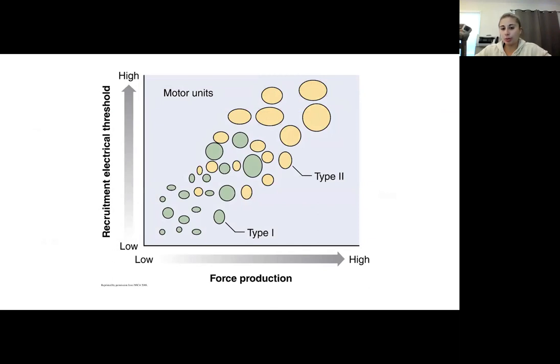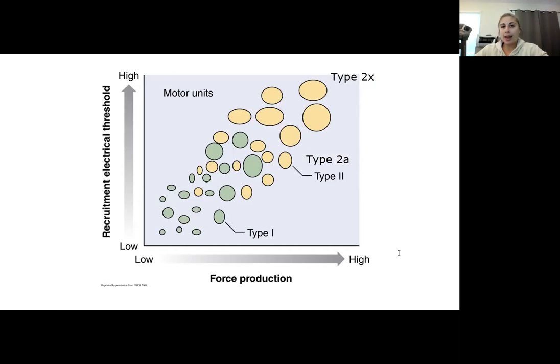So being able to recruit all the way up to basically your type 2X at the top. Up here would be your type 2X, that's your maximal recruitment. And then in the middle, the smaller circles here, like your type 2A, and then at the bottom would be type 1, right?